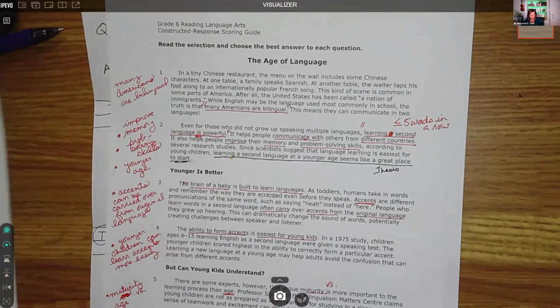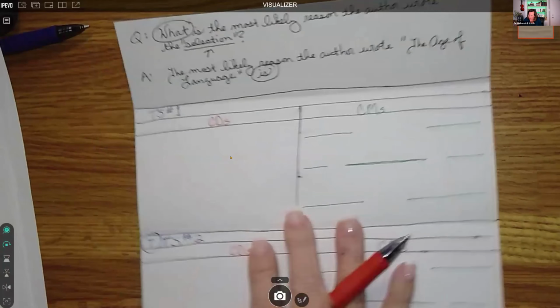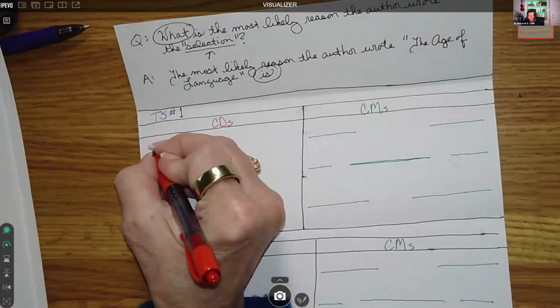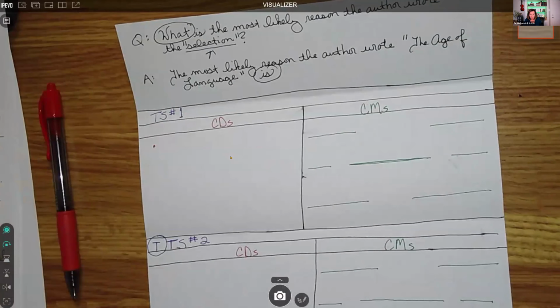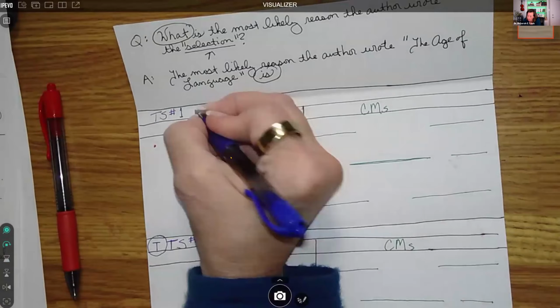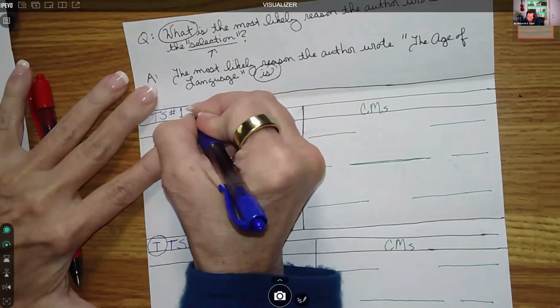So I'm going to write my concrete details. Down here, I'm going to list the concrete details. And the topic here would be about improving thinking skills.